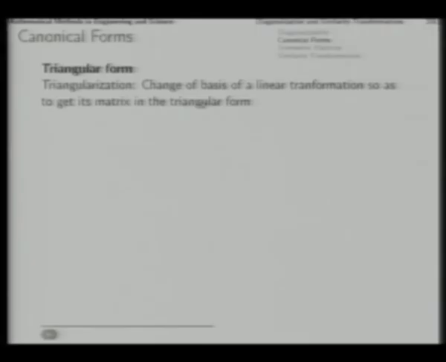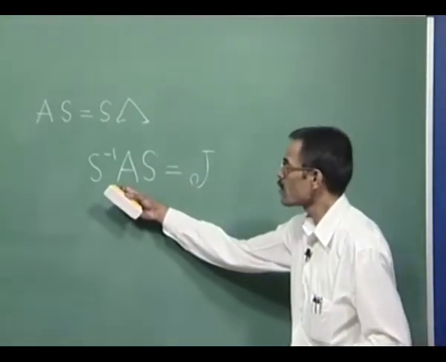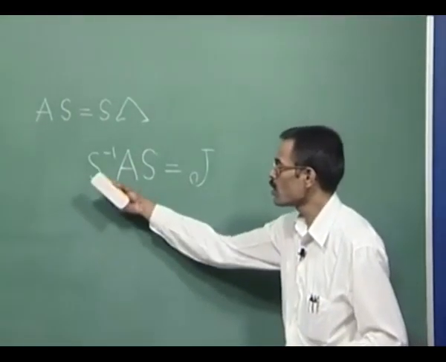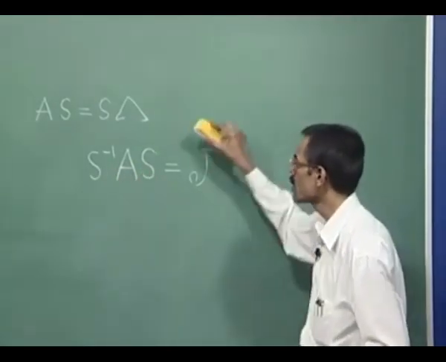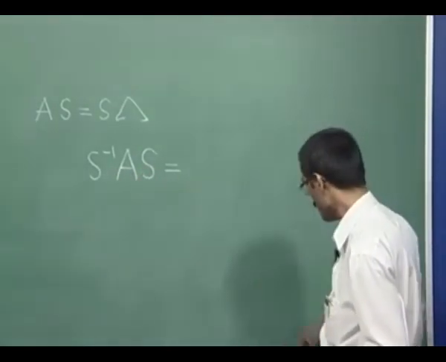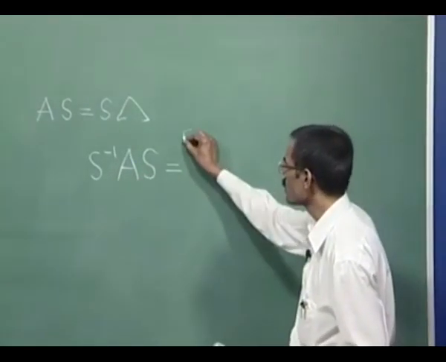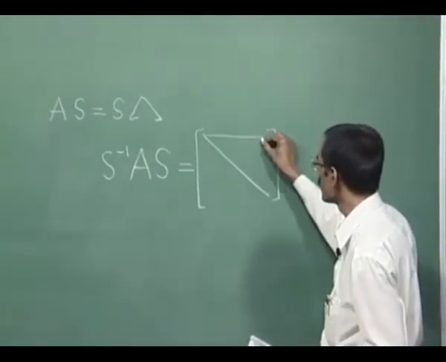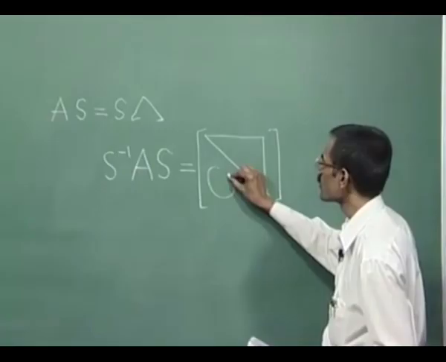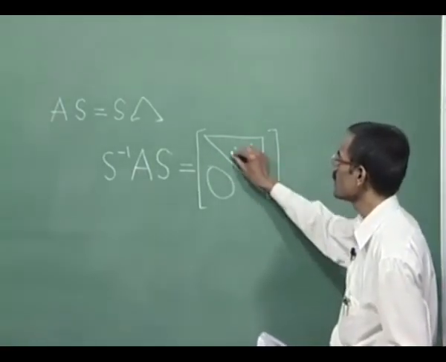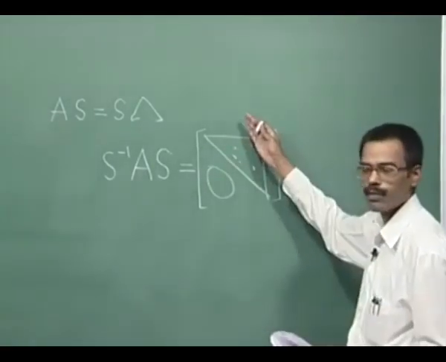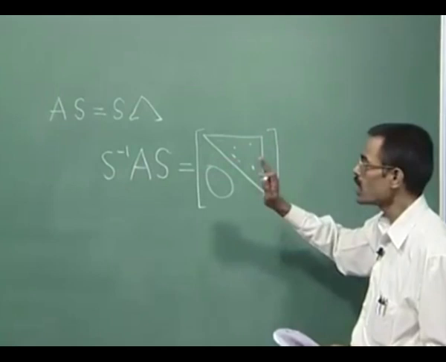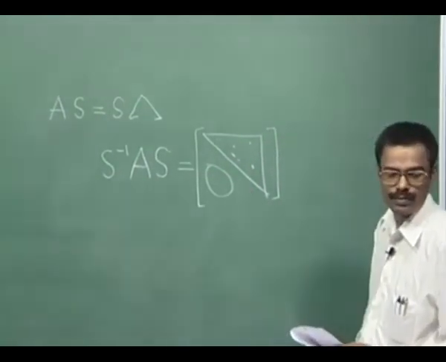That is, apply some suitable similarity transformation on the matrix such that the form of the resulting matrix in the new basis turns out to be like this, with non-zero entries only on the diagonal and above. Below that everything else is 0. This is the triangular form.